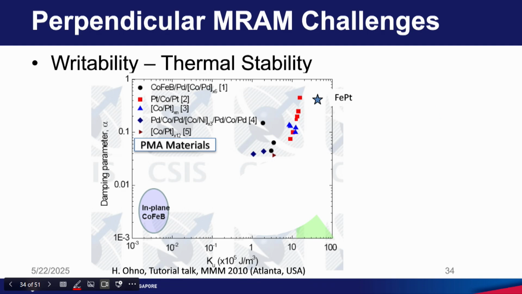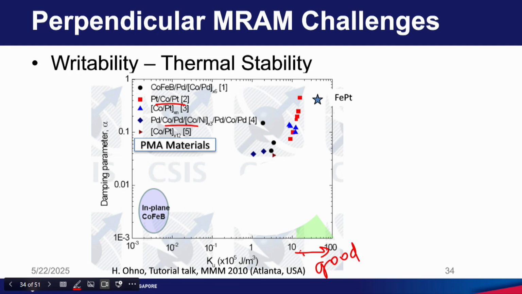Okay, so you look at all the material that I showed you before: cobalt platinum, cobalt palladium multilayer, all this iron platinum, all this material have very large anisotropy, which is good. I mean, large anisotropy is good because you can make smaller MRAM.